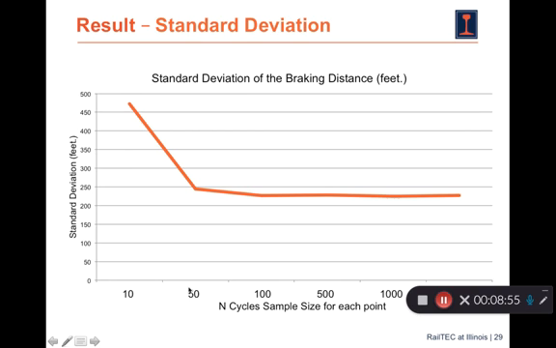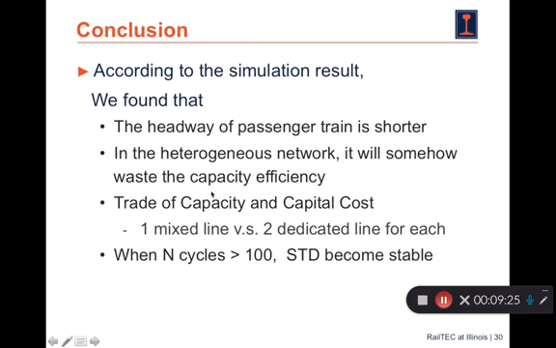However, if I gradually increase the cycles, I did 10, 50, 100, 500, 1000, and 10,000 at certain starting points. I found that once n cycles reaches 100, it becomes stable. That somewhat meets the central limit theorem.